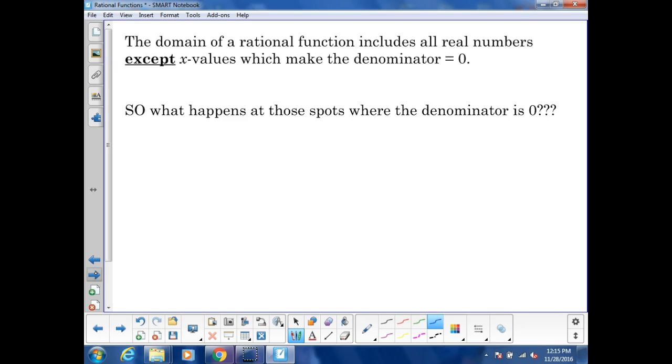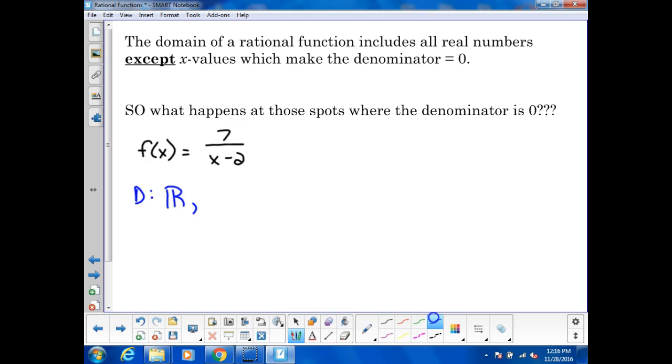So, let's start with a function. Let's go pretty basic here. F of x equals 7 over x minus 2. Rational function. It's in the form of a fraction. It has a polynomial numerator, polynomial denominator. So, the domain of this function is going to be all real numbers with the exception of what?